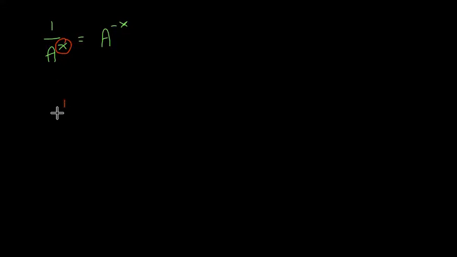What if I had 1 over a to the minus 4? That would then become a to the minus of minus 4. Why? Because in this case, your x is the entire minus 4.